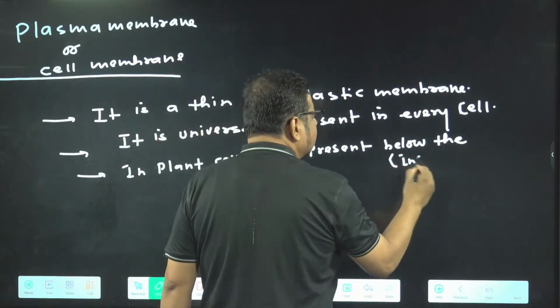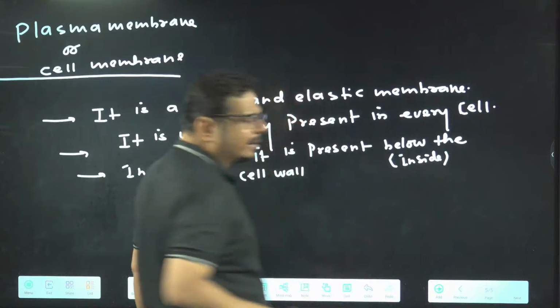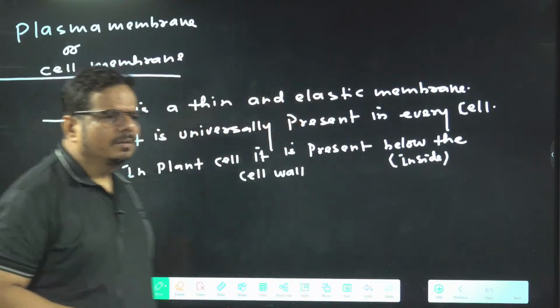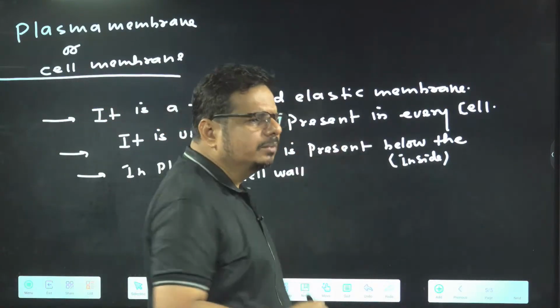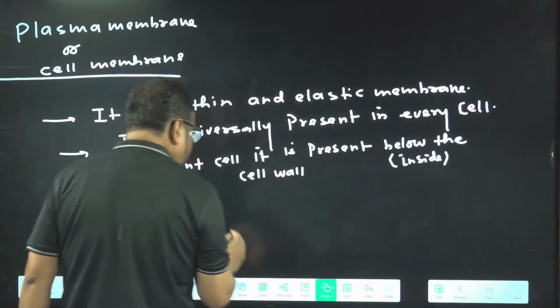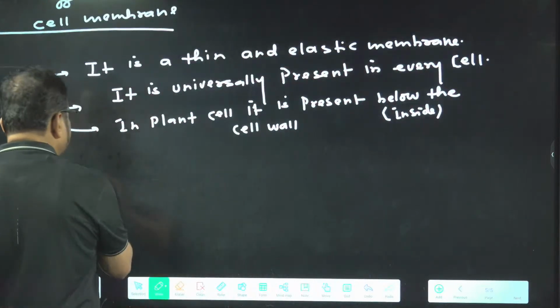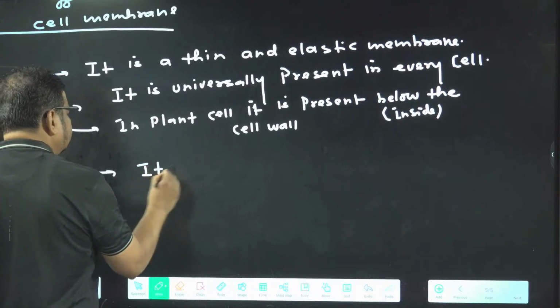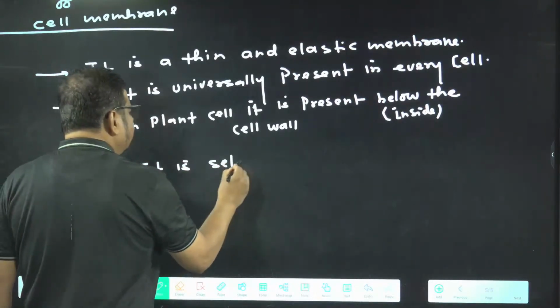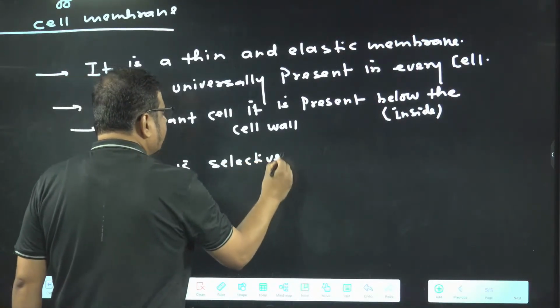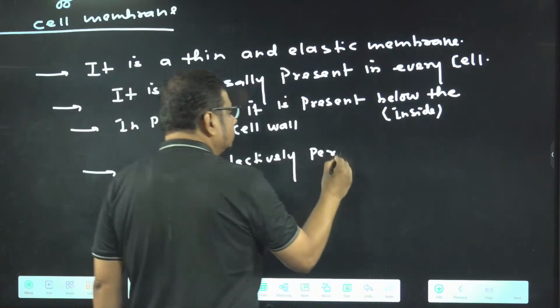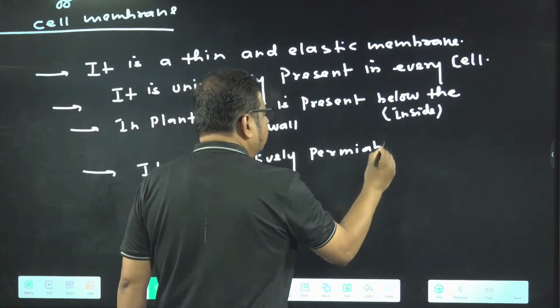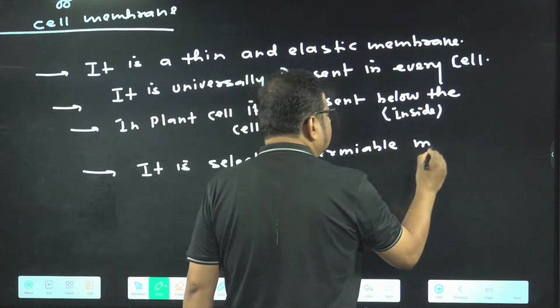I am writing below in the reference of inside. Below the cell wall means inside of the cell wall. And if you talk more about plasma membrane, it is a selectively permeable membrane.